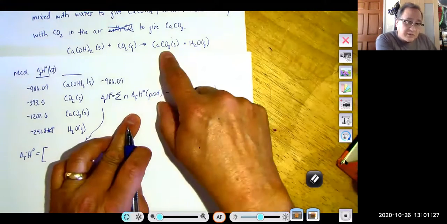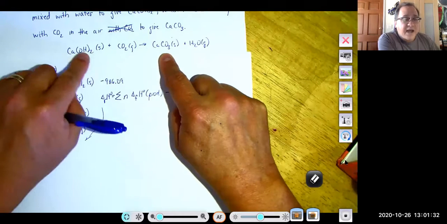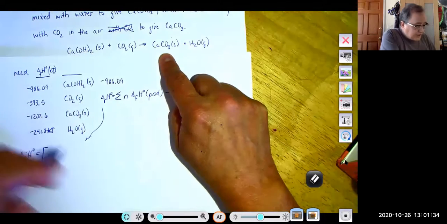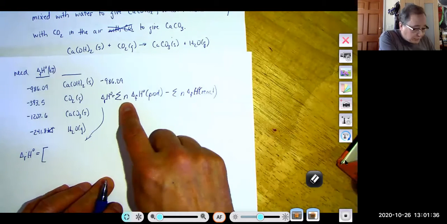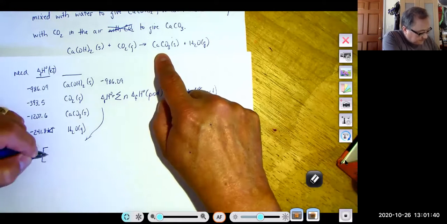So here we have calcium carbonate. And this looks like it's a balanced reaction, but I'm going to be careful about how I do this. This n means the number of moles. So how many moles of calcium carbonate do we have? 1.